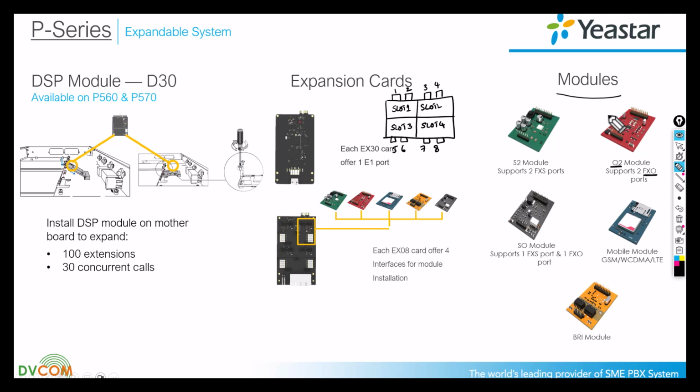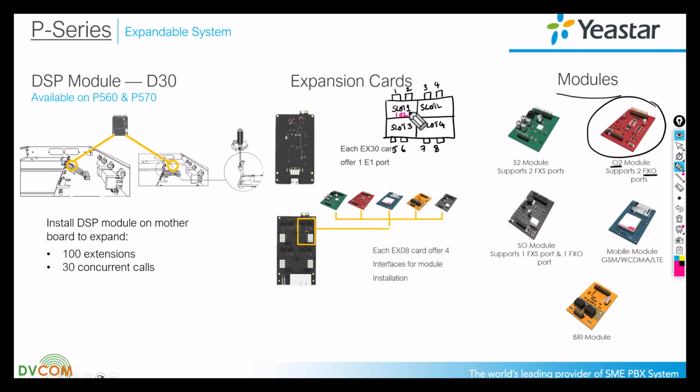You need to purchase them separately. So if you want to terminate analog lines, you need to have this module. For example, if you want to connect 8 analog lines to your PABX, then you need 4 O2 modules. In each slot, you are going to insert one O2 module.